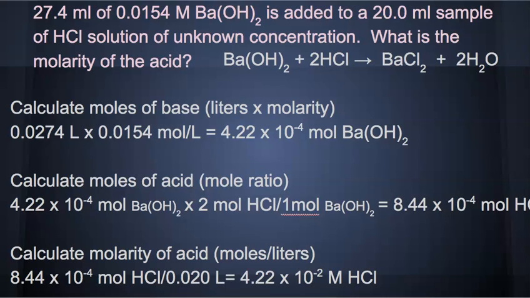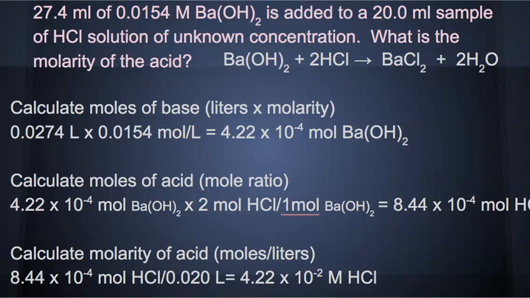The steps are really the same here. We take our volume times our concentration, 0.0274 times 0.0154, to give our moles of base, 4.22 times 10 to the minus fourth moles. Then we use our one step of stoichiometry and say, well, if we have 4.22 times 10 to the minus fourth moles, and you need 2 HCl's for every BaOH2, that means your moles of HCl have to be twice as much.